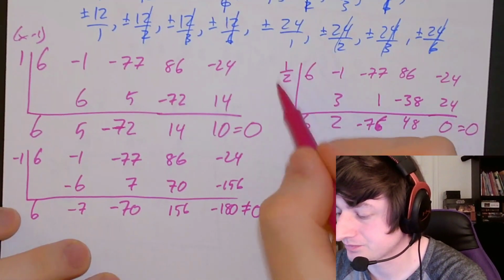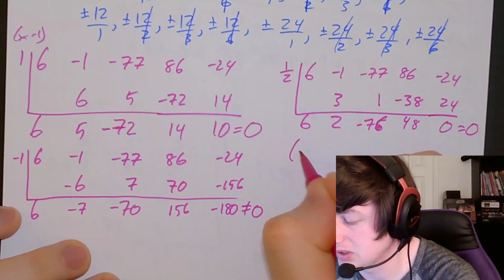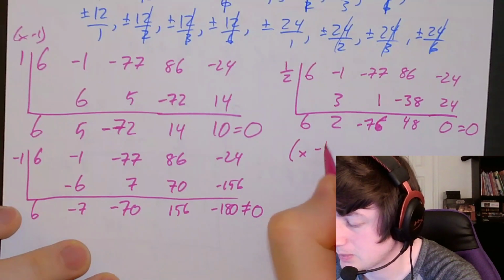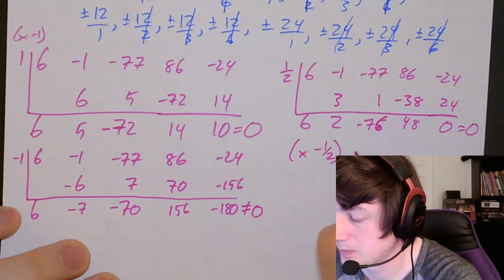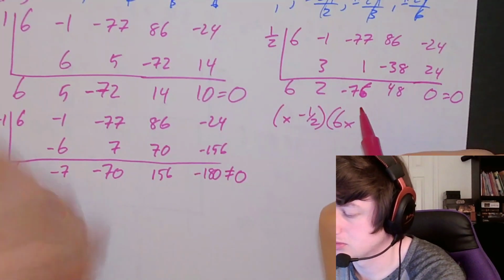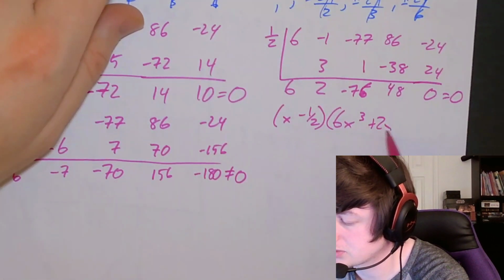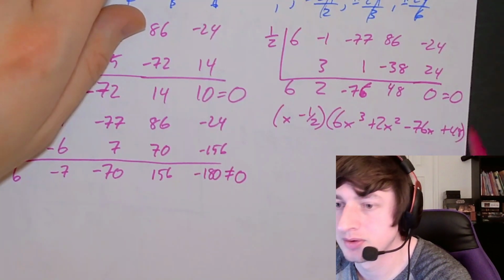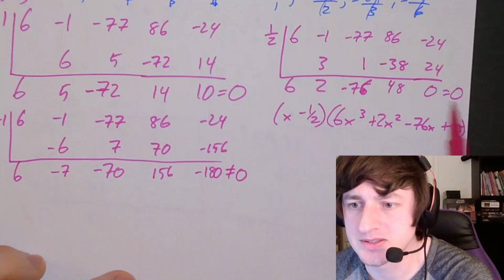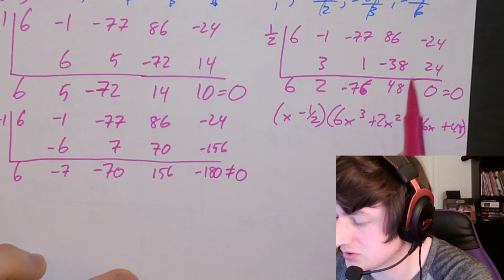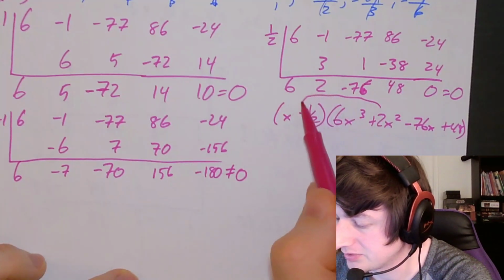All right, so this 1/2 means that it could be x minus a half times 6x to the third plus 2x squared minus 76x plus 48. Now, this has a greatest common factor of 2. So what I'm going to do is multiply this 2 times everything here.